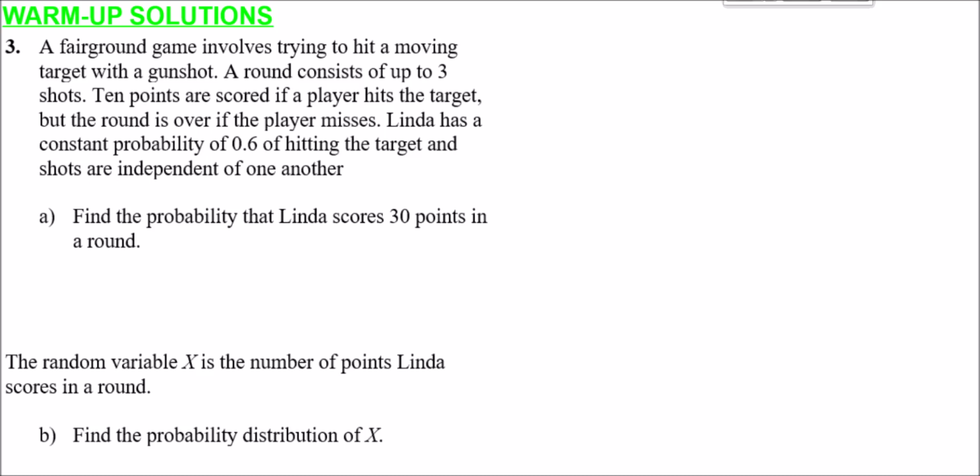So part A, find the probability that Linda scores 30 points in a round. So if she scores 30 points, just think about how she could do that. If it's 10 points for a hit, and she's got up to 3 shots, that means she's got to hit the target with every single shot. So the probability of getting 30 points is the same as the probability of all 3 hitting the target.